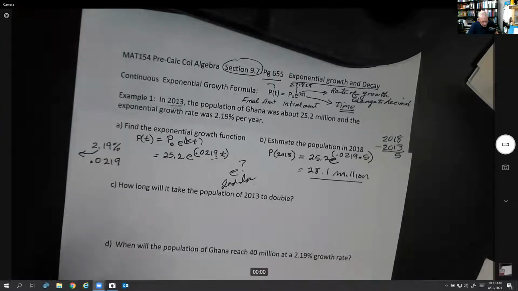Okay, I'm going to jump ahead and show you a little trick. On page 660, this is the formula for doubling.